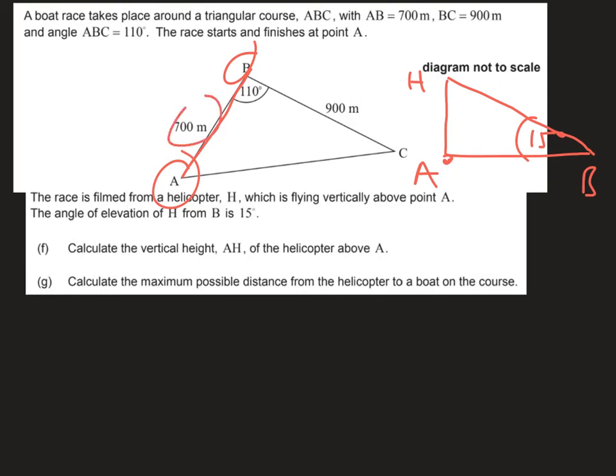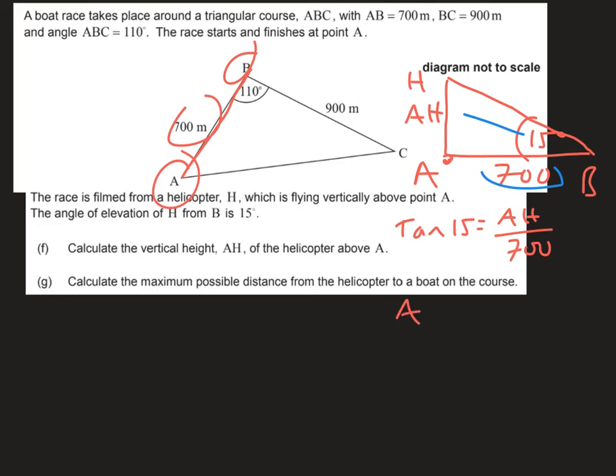Now we know the distance on the ground between these two points is 700, so if we want to find AH, then relative to the angle of 15 degrees, we have got the opposite and the adjacent. So therefore, we're going to be using tan. So tan 15 degrees is going to equal the opposite, which is AH, over the adjacent, which is 700.